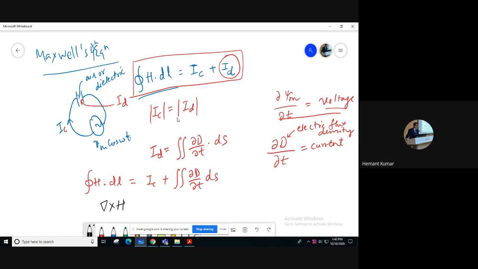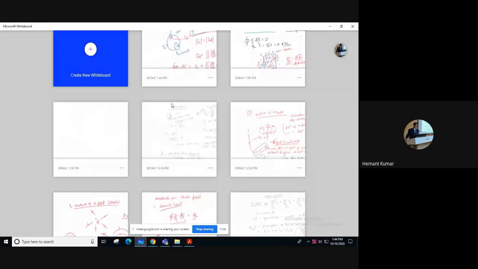You'll get on the left hand side del cross H, and on the right hand side JC, where JC is the conductional current density sigma E, plus JD. JD is the displacement current density. Its value is curl D by curl T, similar to curl B by curl T that we studied in the second Maxwell equation. Here we have curl D by curl T.